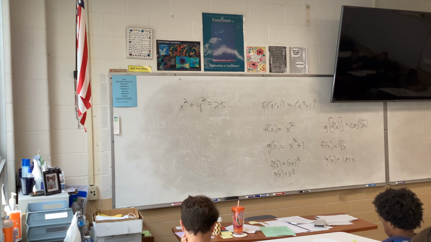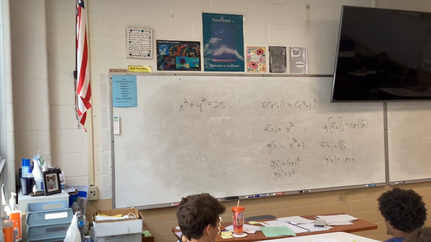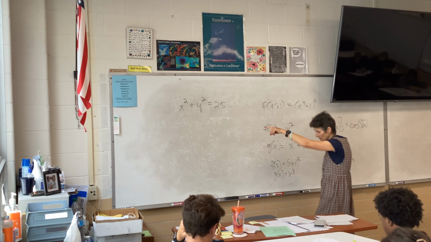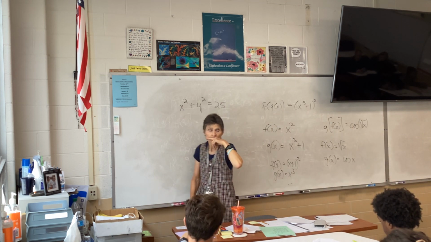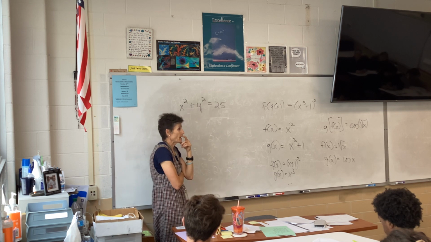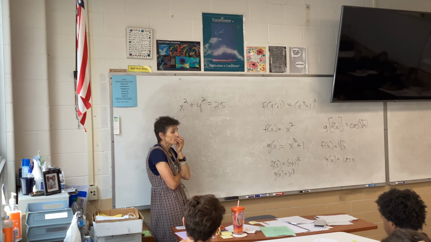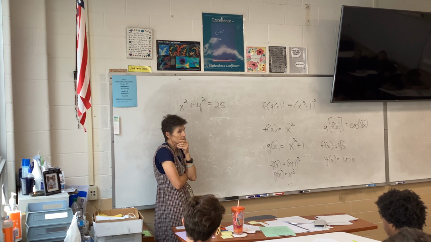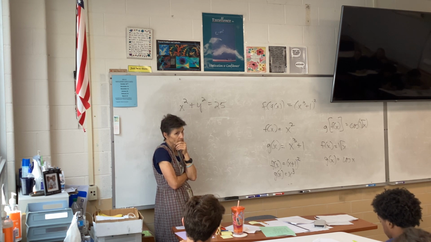Well, let's talk about this shape. You all should know what shape that is right there. What shape is that? Boy, that's not a parabola. Square root function. Why regular identity?